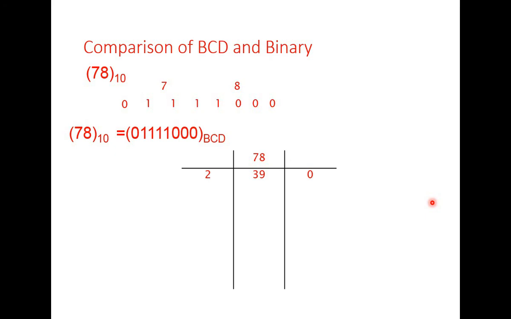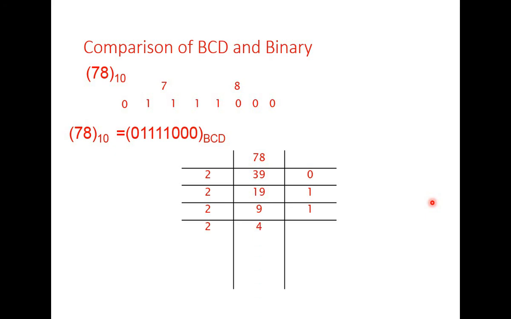Again this new quotient is divided by 2, we get the quotient as 19 and the remainder is 1. Again we divide those 19 by 2, we get the quotient 9 and the remainder is 1. Again the new quotient is divided by 2. We have to continue this process till the quotient becomes 0. So now we again divide the quotient 9 by 2, we get the quotient 4 and remainder is 1. Again we divide the new quotient 4 by 2, we get the quotient 2 and the remainder is 0.